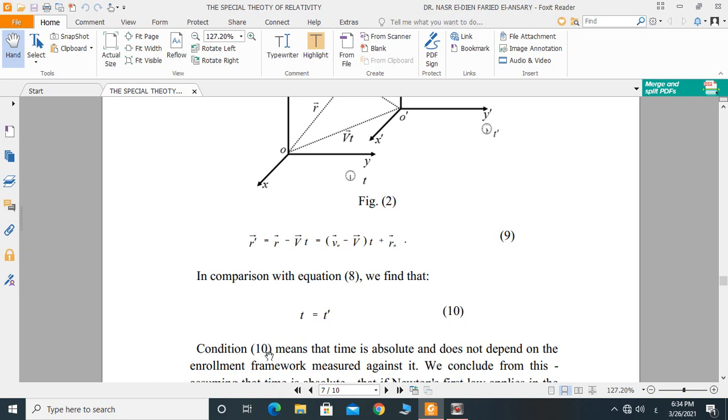The condition 10 means that the time is absolute and it does not depend on the frame measured in it. The time is absolute and does not depend on the frame measured in it.